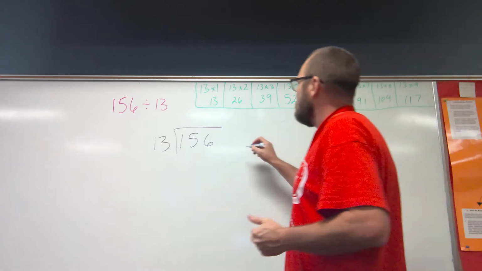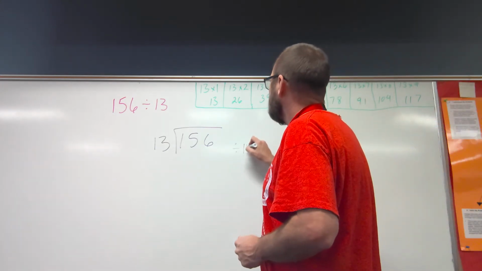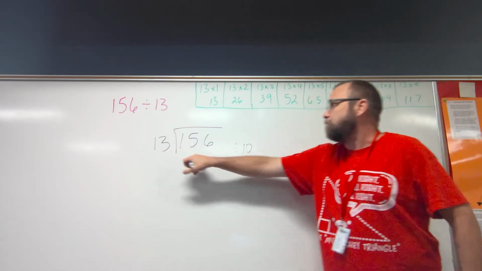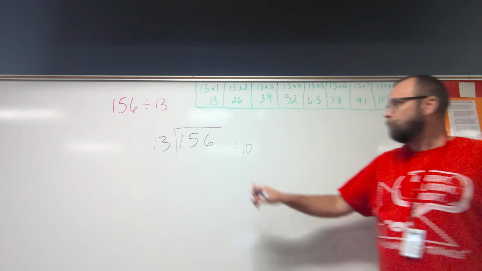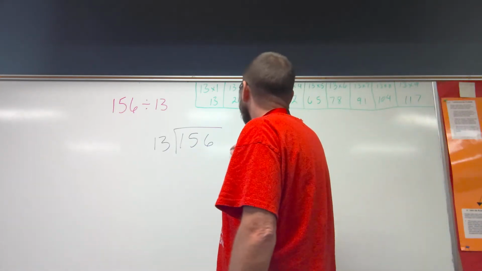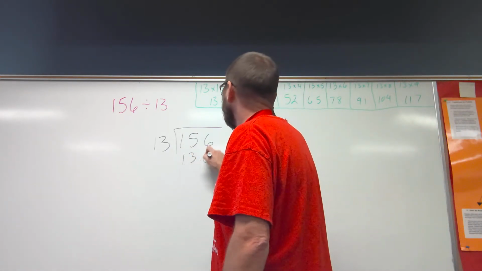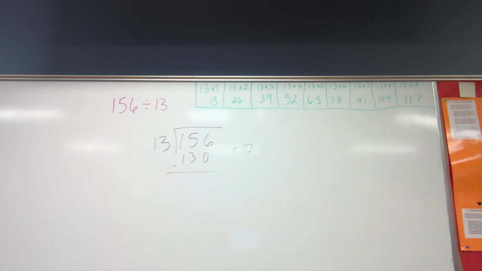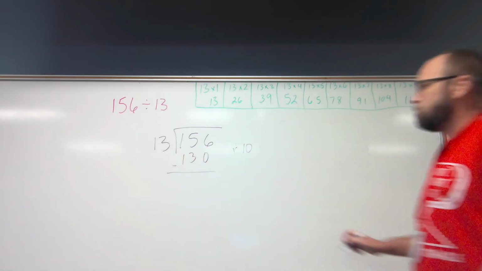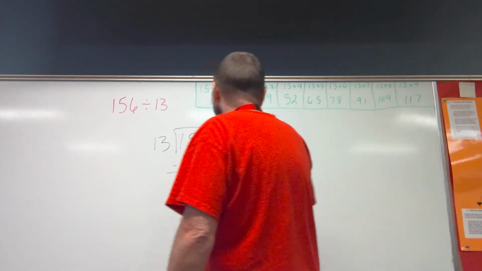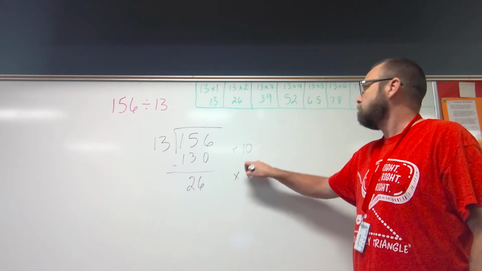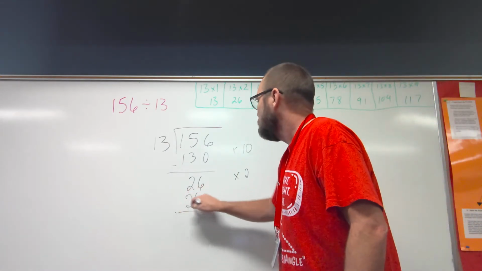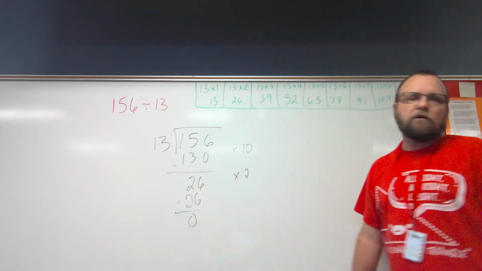So if I start with times 10, what's 13 times 10? 13 times 10 is 130. Okay, so if I do 130, and I subtract now, what do I get? 26. Now, how much more do I need here? 2. And that would be 26. So that would subtract, and that would give me 0.